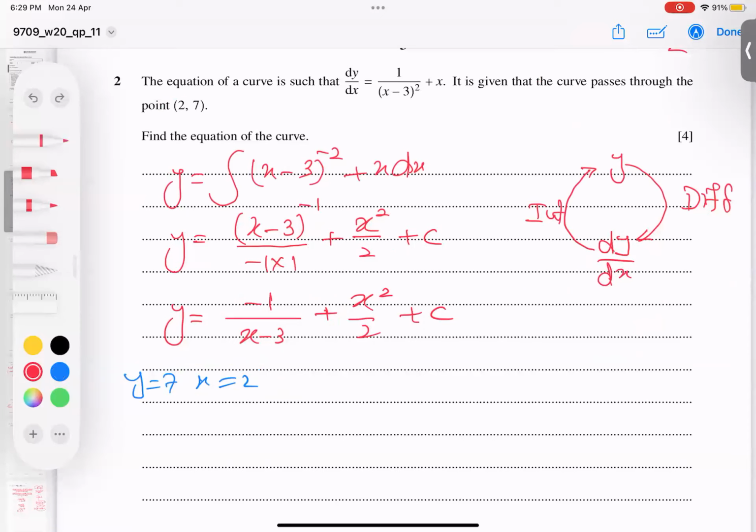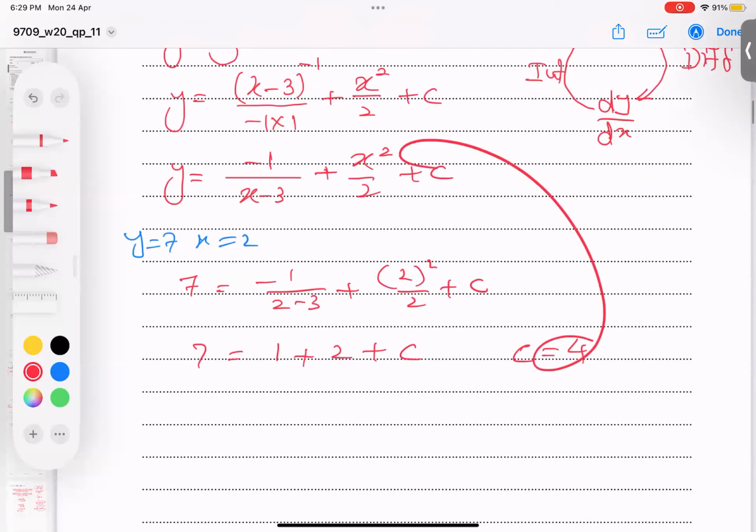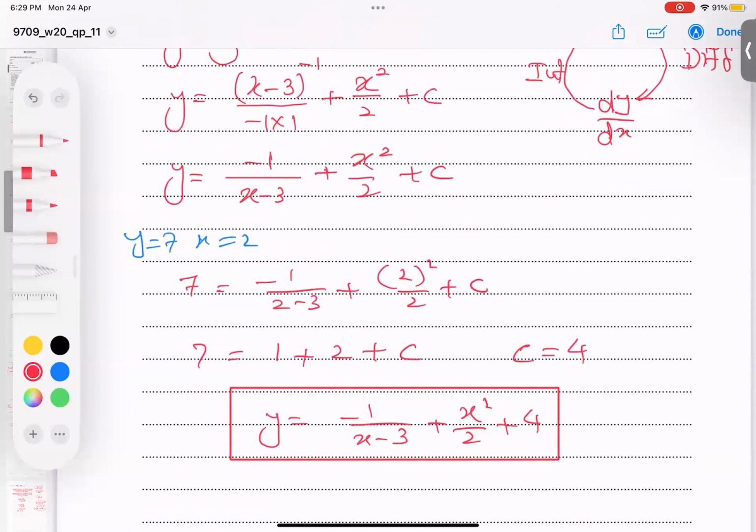A very clear idea. So 7 equals negative 1 over (2 minus 3) and 2 square over 2 plus c. So 7 equals 2. This is becoming negative, negative plus 1. And here 2. So this 3 goes there and c becomes 4. And plug this value back in the equation. So Alhamdulillah Rabbil Alameen, I have done it. And this is the final equation of the curve.